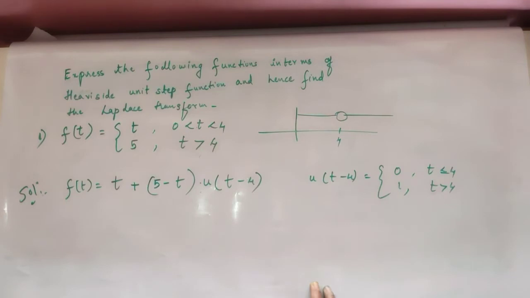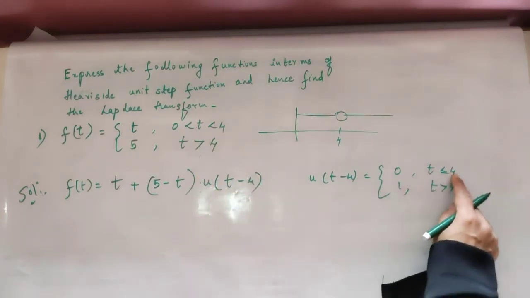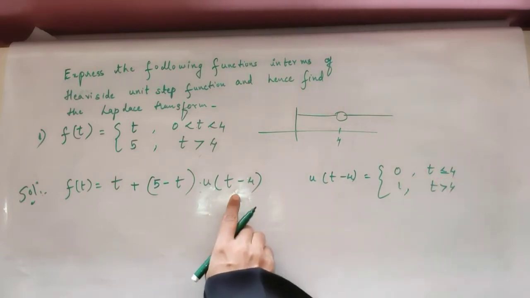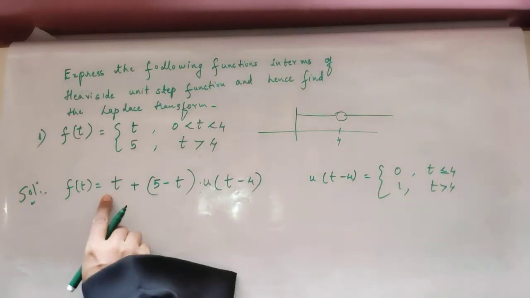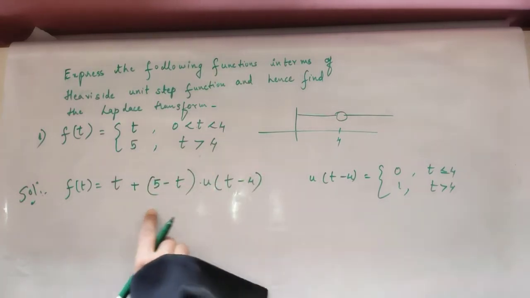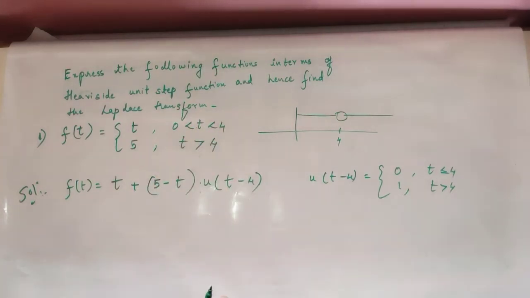Yes or no? This means that this complete value will be 0 when t is between 0 and 4. So when this is 0, this term also turns 0, and f of t is t only in the interval 0 to 4. I hope it is clear.